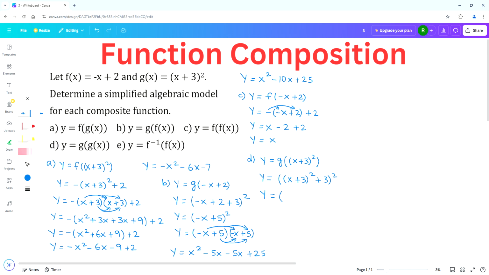Next, we should distribute the square inside the parentheses. We should multiply x + 3 by itself.